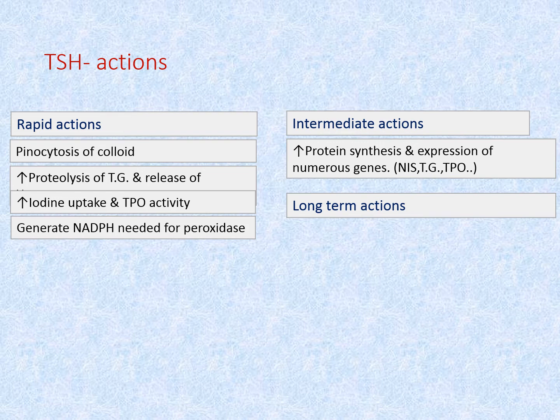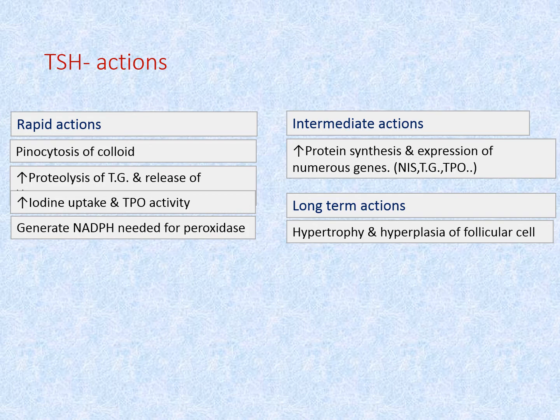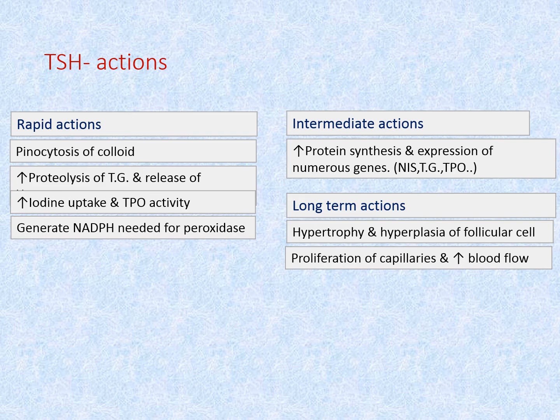It causes hypertrophy and hyperplasia of the follicular cell. Second, proliferation of blood capillaries and increased blood flow to the thyroid gland.